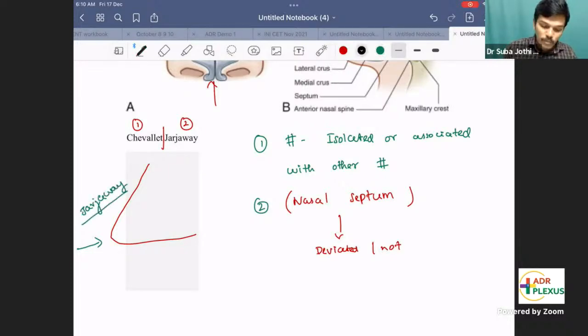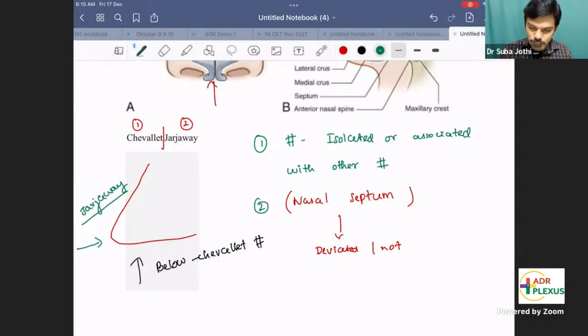If the blow is from below, we call it Chevallet fracture.